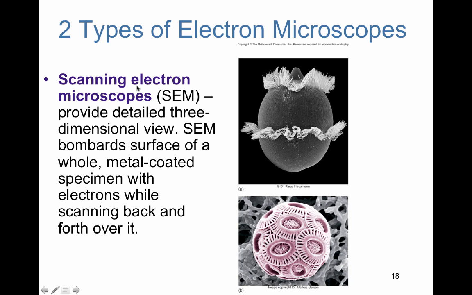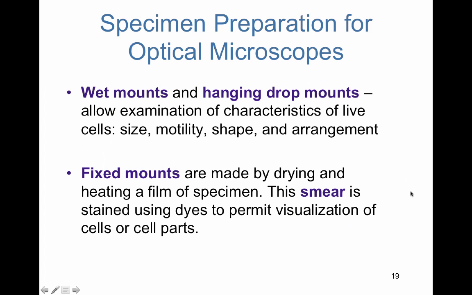Scanning electron microscopy uses an electron mechanism that will bombard the surface of the specimen after it has been metal coated. When the electrons scan back and forth over the specimen, it produces this virtual image of the actual sample you're looking at, and this is in color and 3D. They're just fascinating. Some of these pictures are awesome to look at.